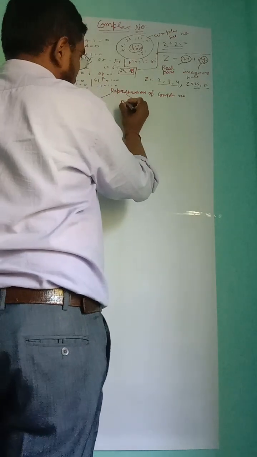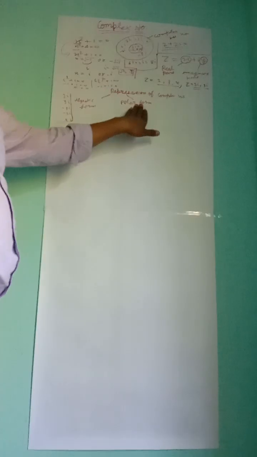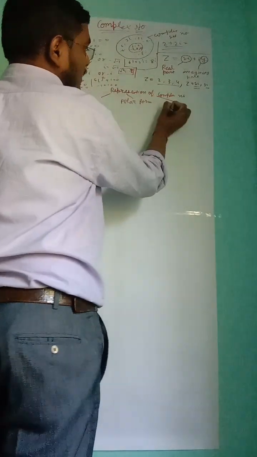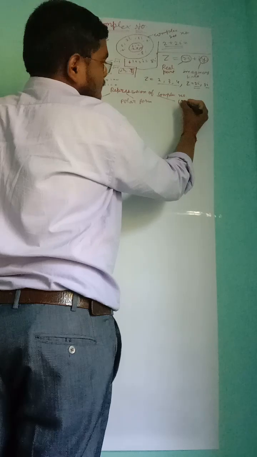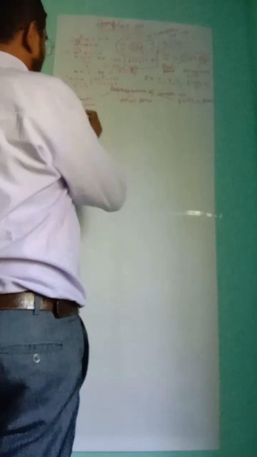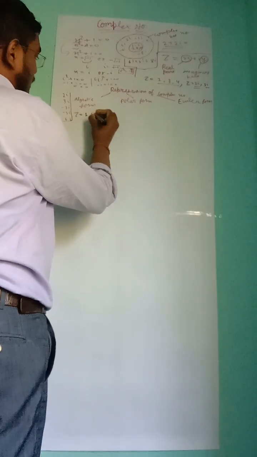Second one is the polar form, which we also say trigonometric form. And the third one is my Euler form.